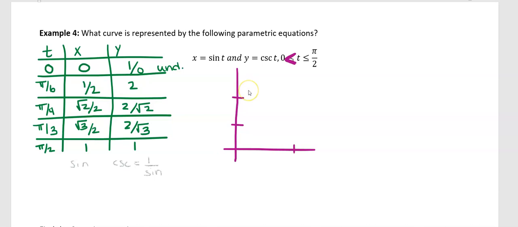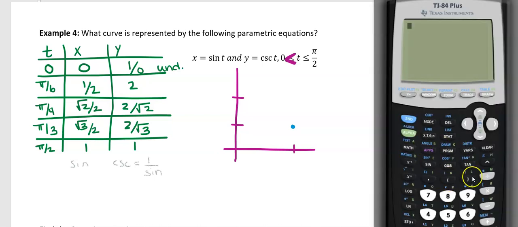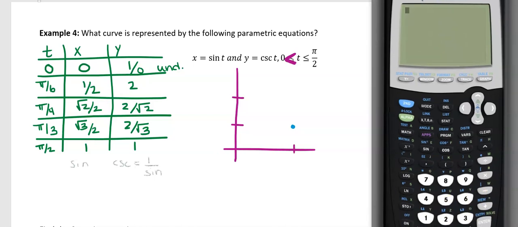Okay, so let's see if we can plot these points. I'm going to start with my pi over 2, my 1, 1, because I think that's probably the easiest to start with. And then my second one would be square root of 3 over 2 and 2 over root 3. Since I can't think of what those are off the top of my head, I'm going to use the calculator to help me get a decimal approximation for those. That's what I would suggest you do as well.